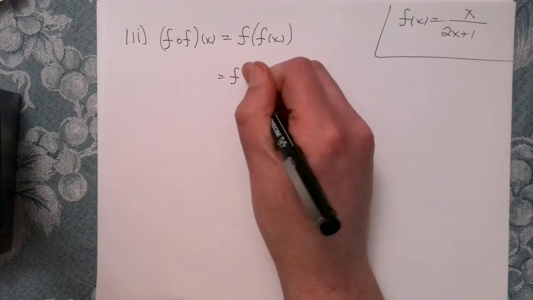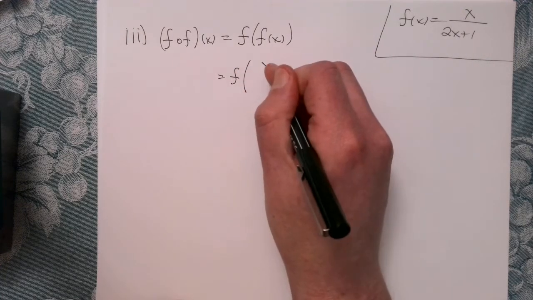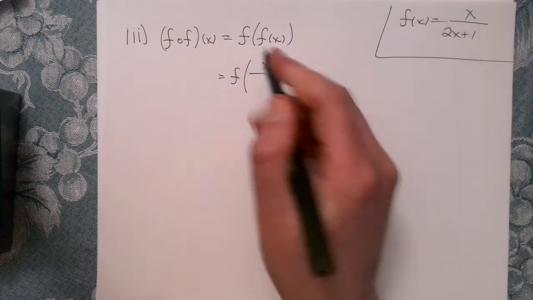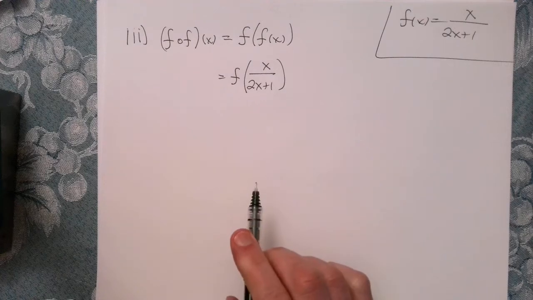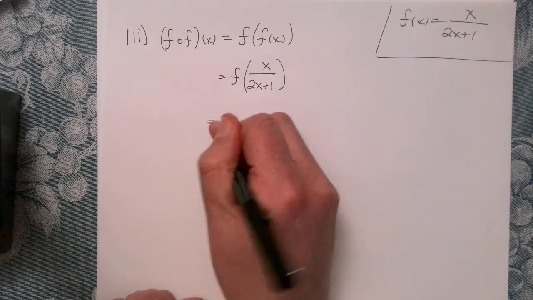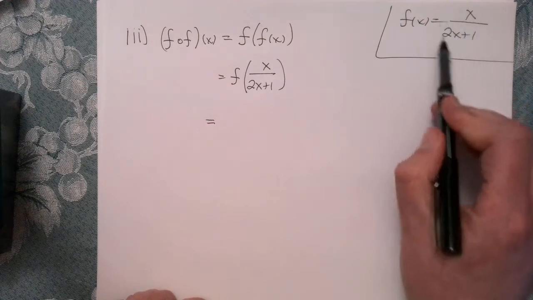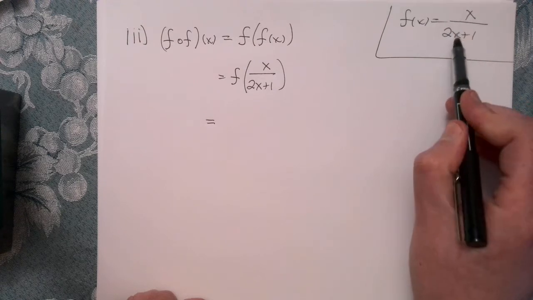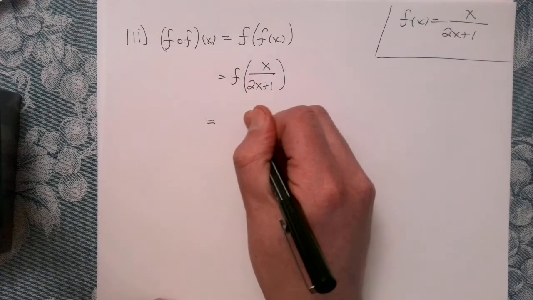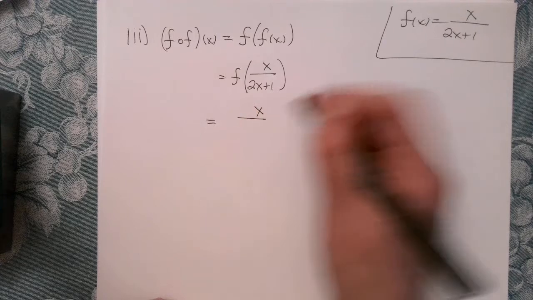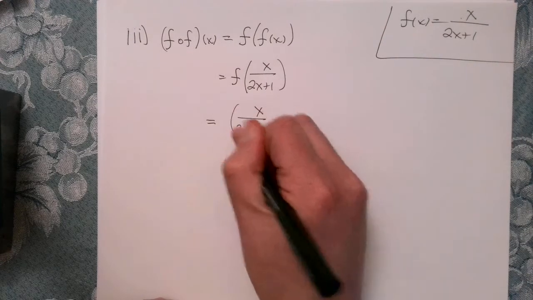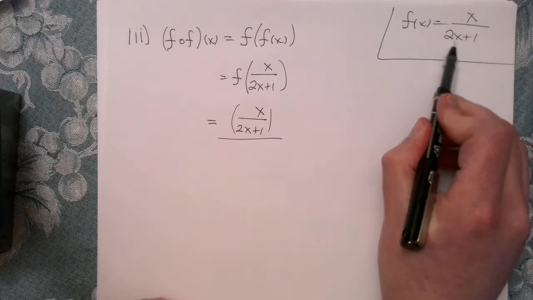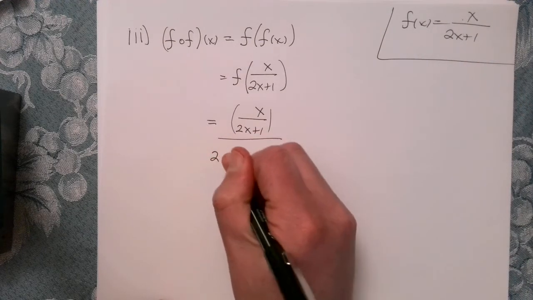It means that I need to plug in a copy of f everywhere that f has a variable x. So that means I'm going to plug in an entire copy of f here and here. So in for this goes an entire copy, and then in for this goes an entire copy of f.